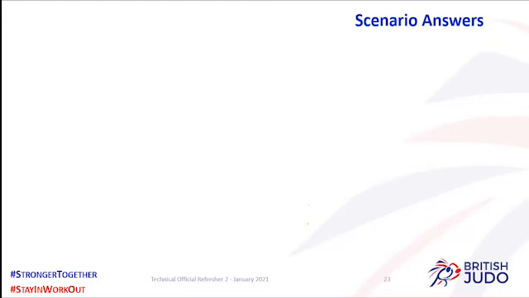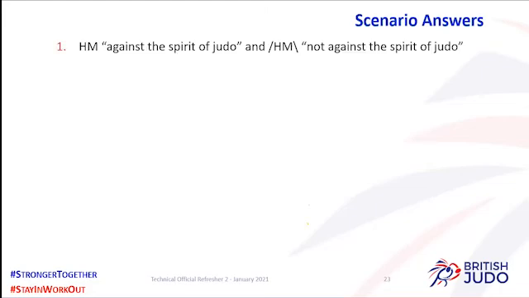Okay, so here are the answers that we have. Number 1, Ansokamaki against the spirit of judo. So it's HM without a triangle, and Ansokamaki with a triangle is not against the spirit of judo.